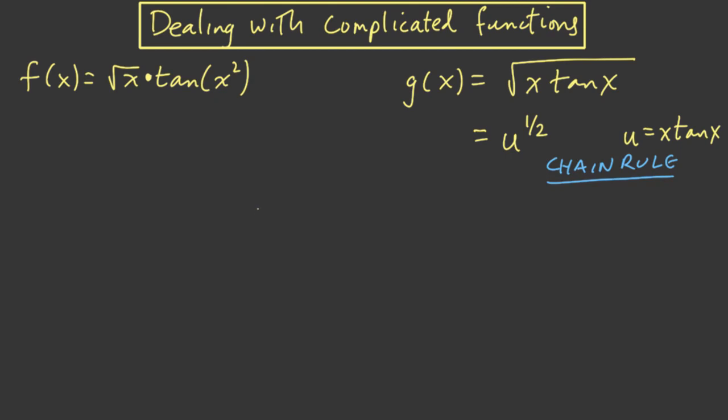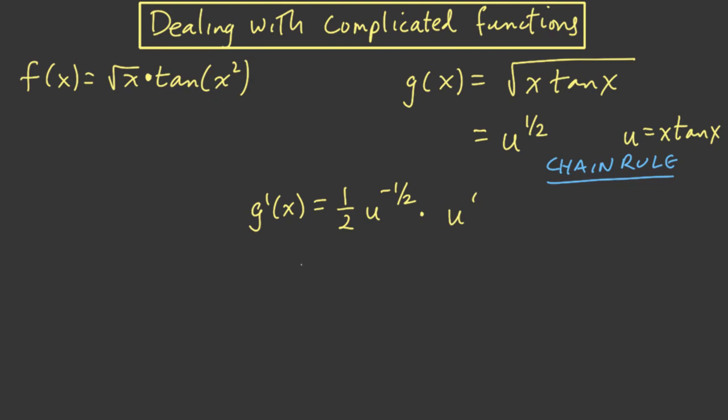So our g prime is going to be, well, we need to differentiate this 1/2 power on the u. So using the power rule, that's just 1/2 u to the minus 1/2. But then we also need the derivative of u tagging along. That's our chain rule, second factor.